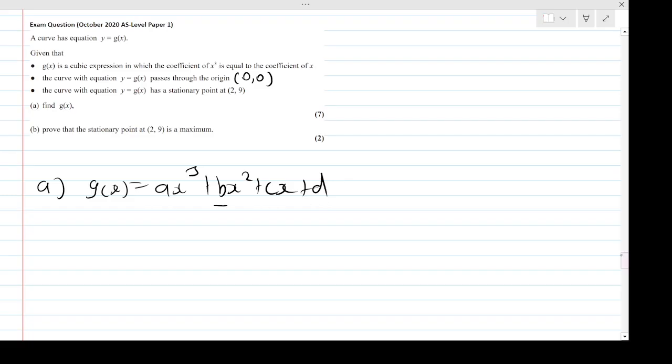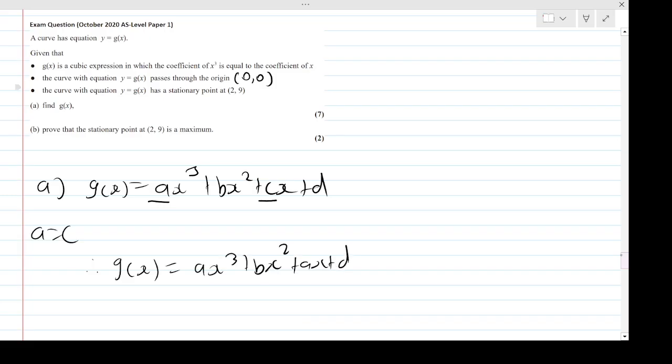What we're first told is the coefficient of x cubed is equal to the coefficient of x. That means that the coefficient of x cubed, which is a, and the coefficient of x, which is c, have to be the same. So a equals c. So then I can simplify this to say g of x is ax cubed add bx squared add ax add d. I'll get rid of the c.